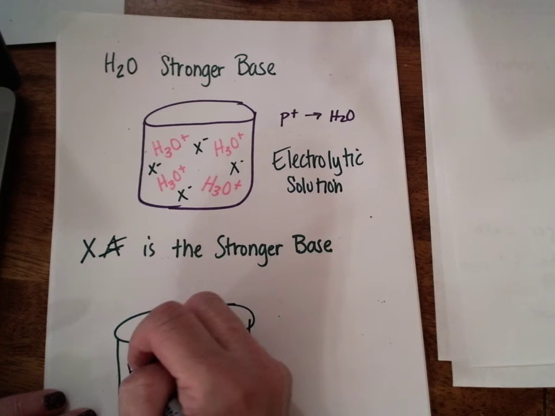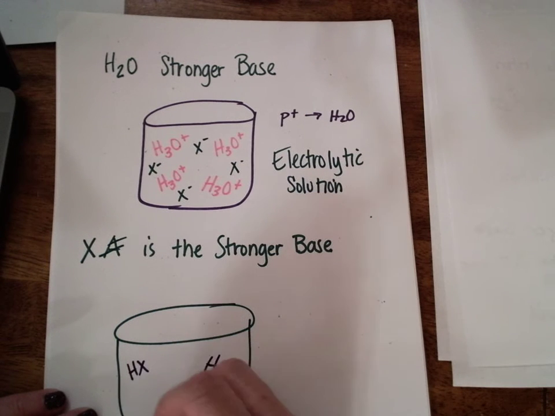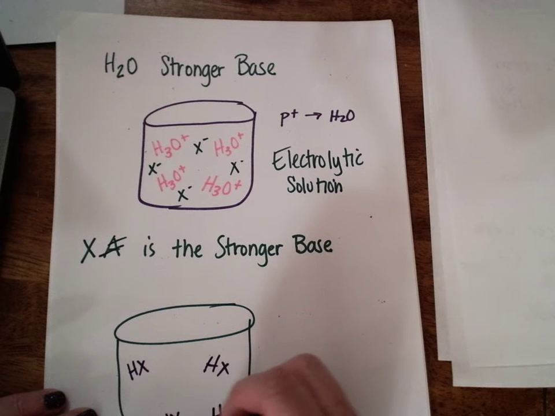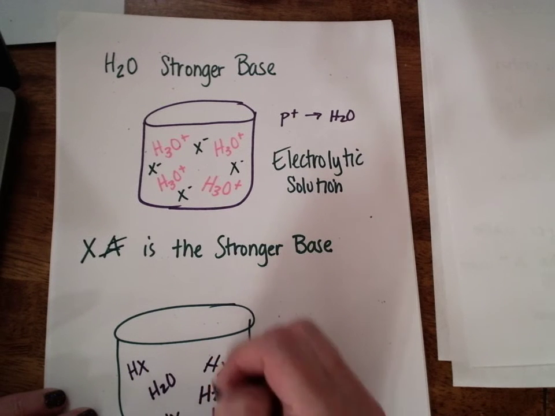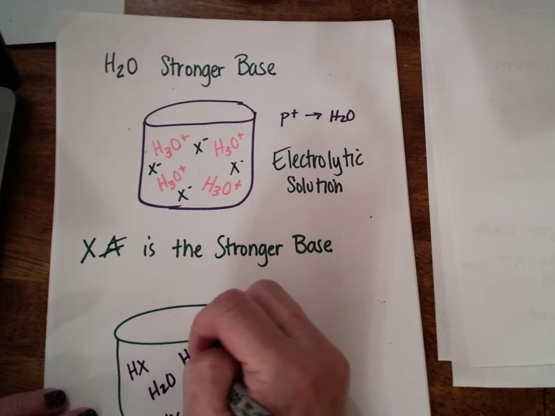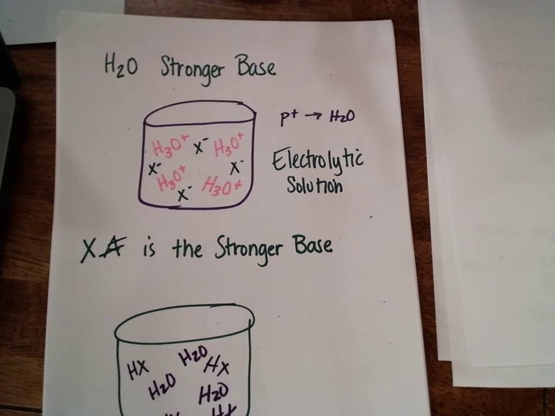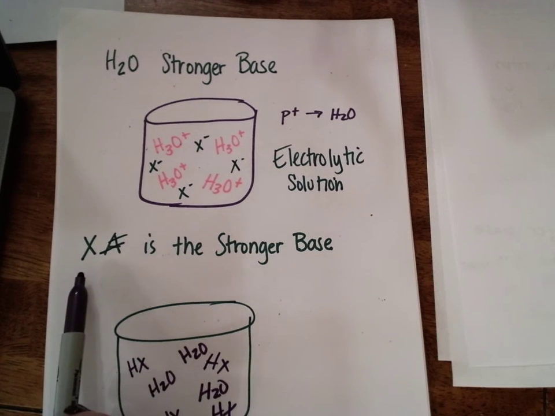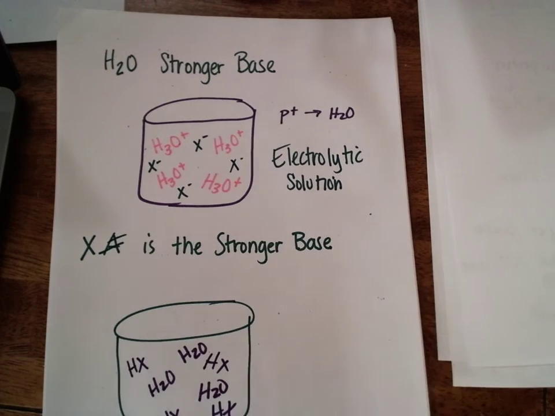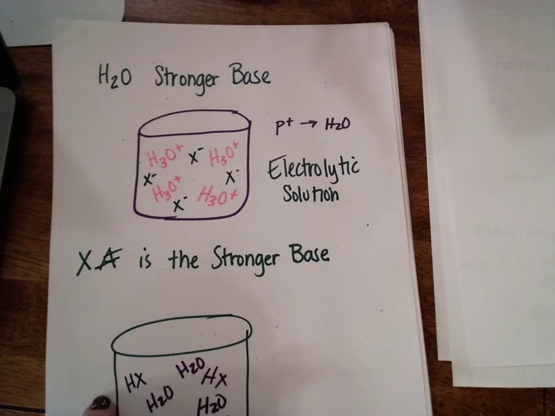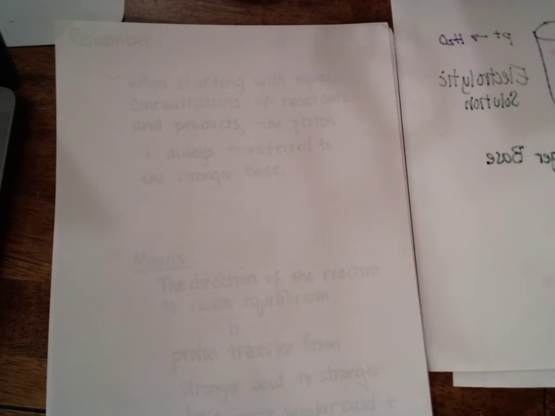So I end up with HX floating around in solution with my water. So we don't see real strong dissociation. It just shows us what happens if my X anion is a strong base versus my water being a strong base. And we'll look at that a little more thoroughly later on when we start doing some math with it.